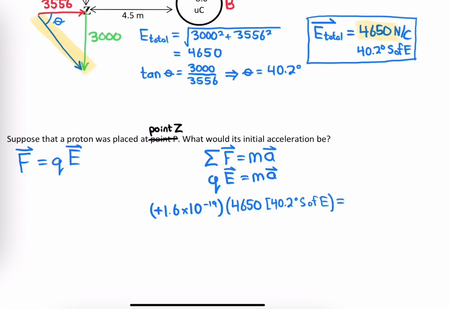Now the mass of a proton we can look up, and that's 1.67 times 10 to the negative 27 kilograms. And then there's my acceleration.